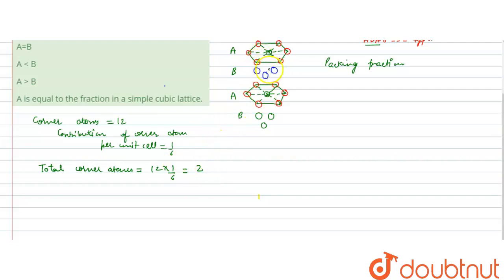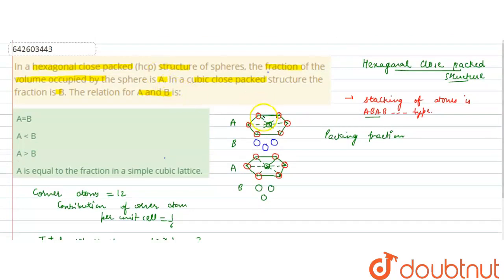Now the atoms which are present in B layer, these are the body centered atoms. So they will be completely present in one unit cell. So they will contribute totally to one unit cell. It means total body centered atoms are 3, and 2 atoms are present in these center faces, and these contribute half per unit cell because this will be shared by the unit cell present above this.